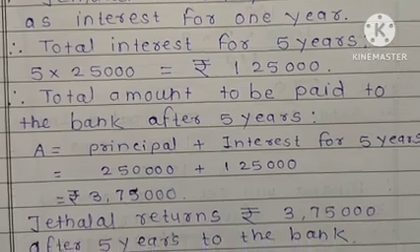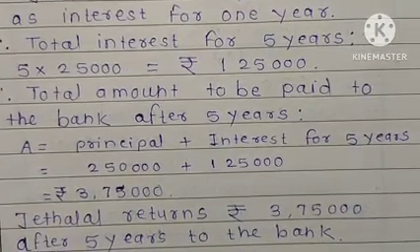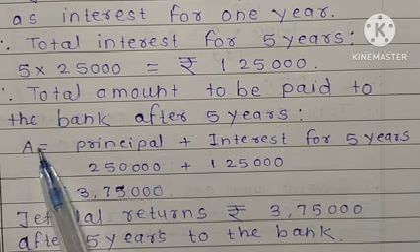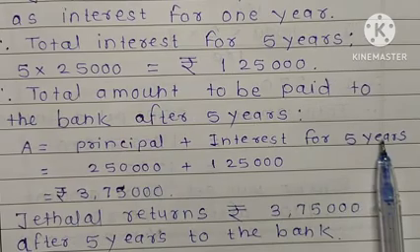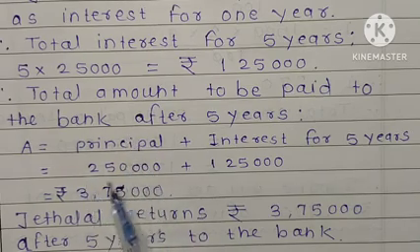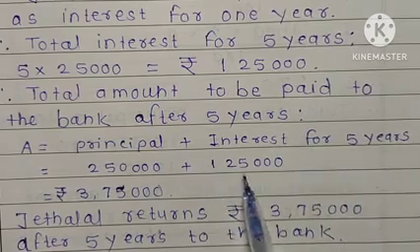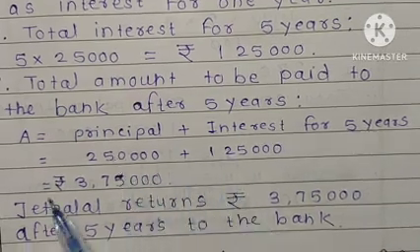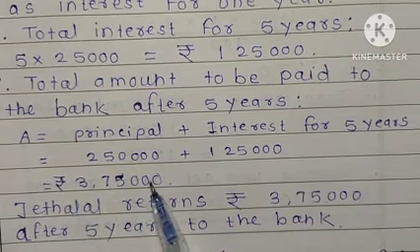So total amount to be paid to the bank after 5 years. That means A, that is total amount, is principal plus interest for 5 years. This will give you total amount. So principal 2,50,000 plus interest for 5 years is 1,25,000, and this addition will give you rupees 3,75,000.